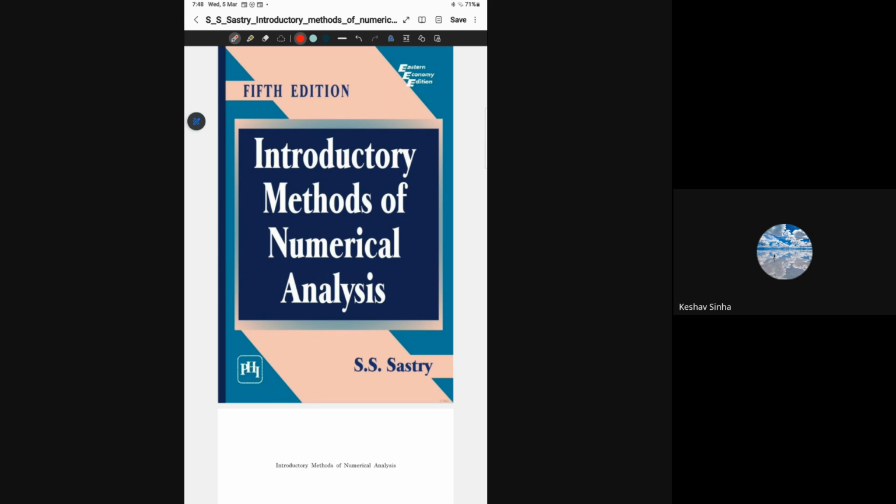This book is also very cheap, much cheaper than I think 200-300 rupees. The material they have provided is good enough and sufficient to understand, but this will be more helpful.